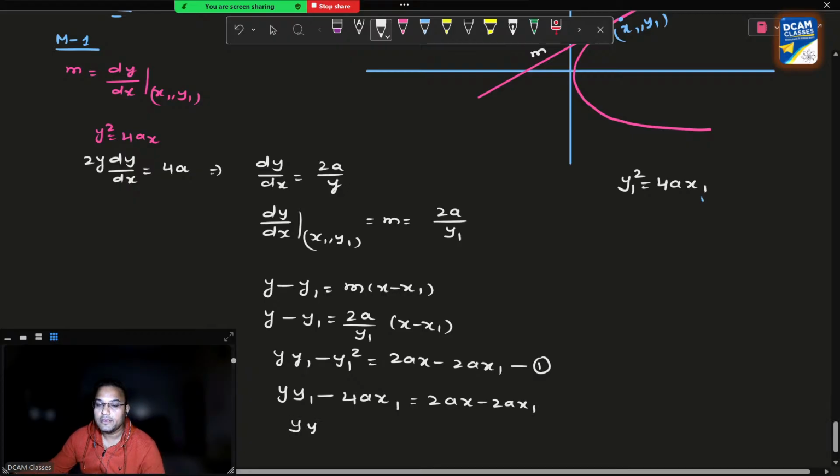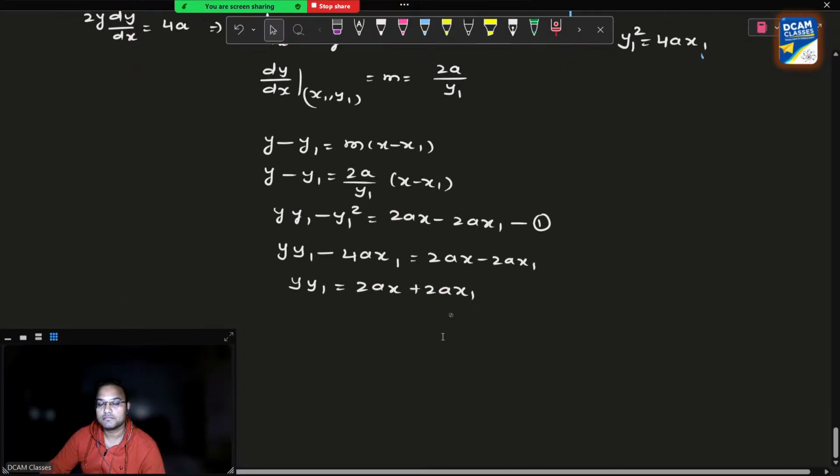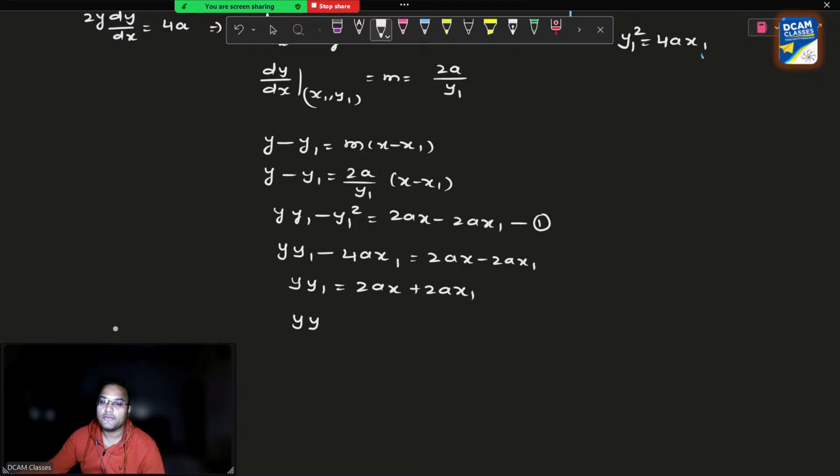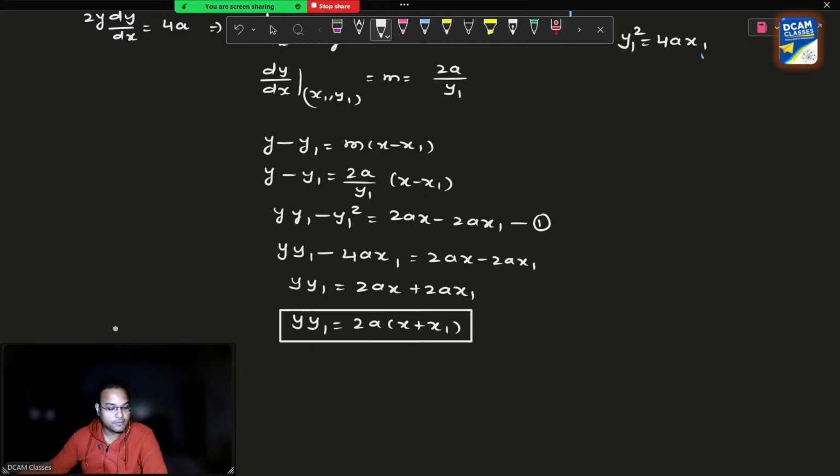So y y1 is equal to 2ax plus 2ax1. So y y1 is equal to 2a into (x plus x1). This is the equation of tangent using the normal form.